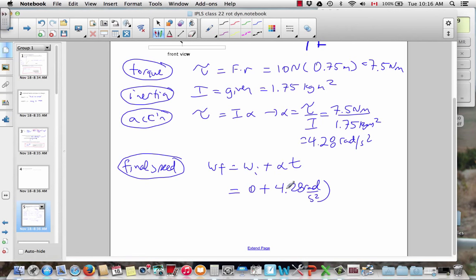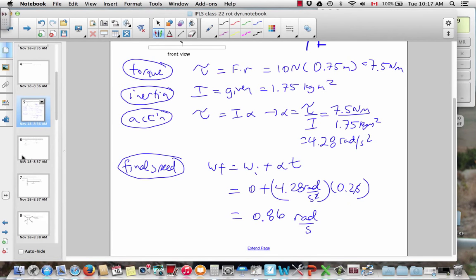Vf is Vi plus At. It was 0.2 seconds, so one of the seconds cancels. We end up with rad per second units. And then that should be 8.56, so it's going to be 0.856 or 0.86 rads per second of final speed.